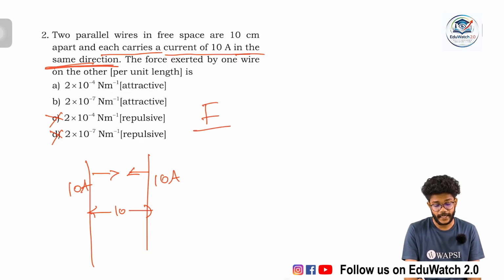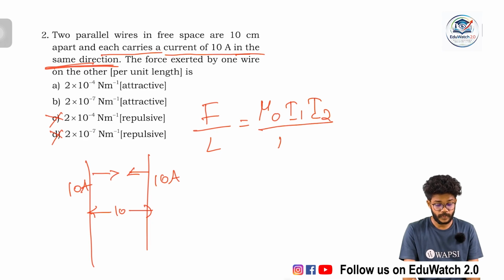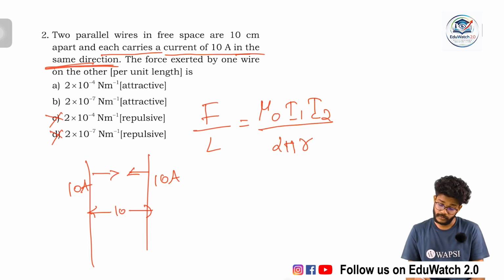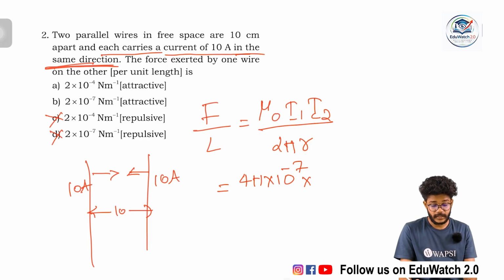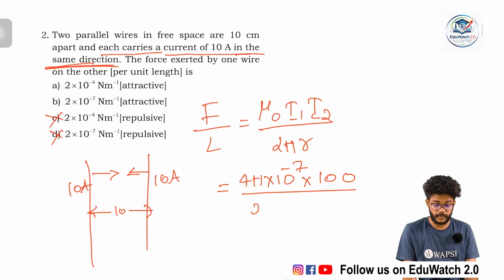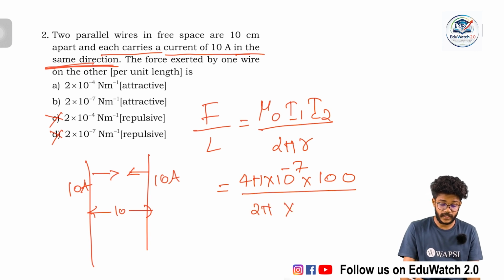Force per unit length is given by the equation mu 0 I1 I2 divided by 2 pi r. Correct? Yes. So mu 0 is 4 pi into 10 raised to minus 7, multiplied by the current I1, which is 10, and I2 is 10. So 100 divided by 2 pi into r. What is the distance between? 10 centimeter.